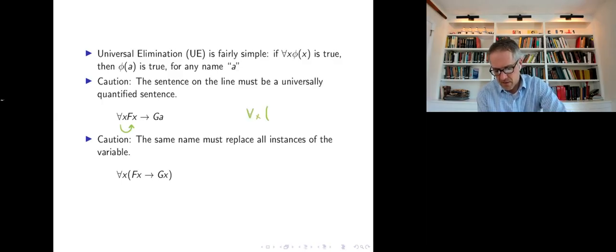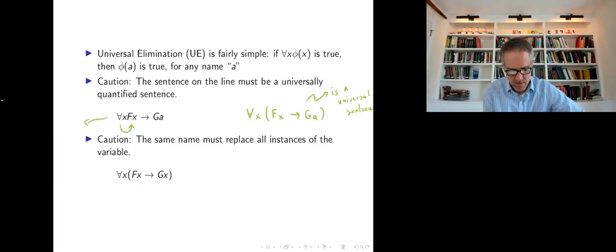So this is different. Let me just be clear. The sentence that goes like this, for all x, Fx arrow Ga, this sentence is a universal sentence. This sentence over here, not a universal sentence.